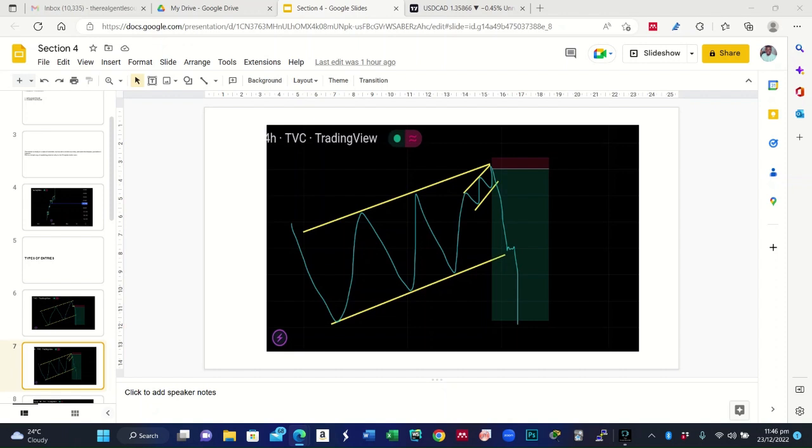When you see a rejection candle, you remember under the candlestick, I taught you about some candlesticks that you are going to be using at some particular area. This is the type of area I'm talking about. The type of area where market is meant to reverse. So you know this is first touch, second touch, and third touch. After the third touch, you are expecting a reversal. Then there's another small structure inside here. So it means there's a high probability that this will play out.